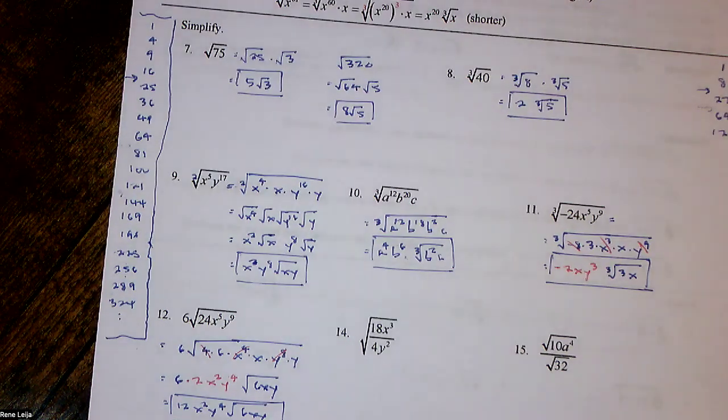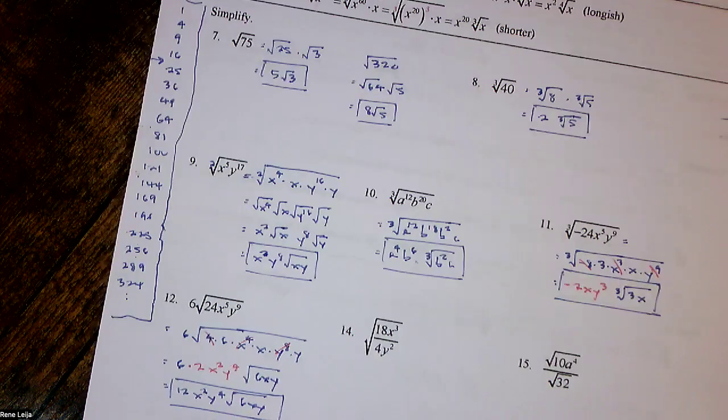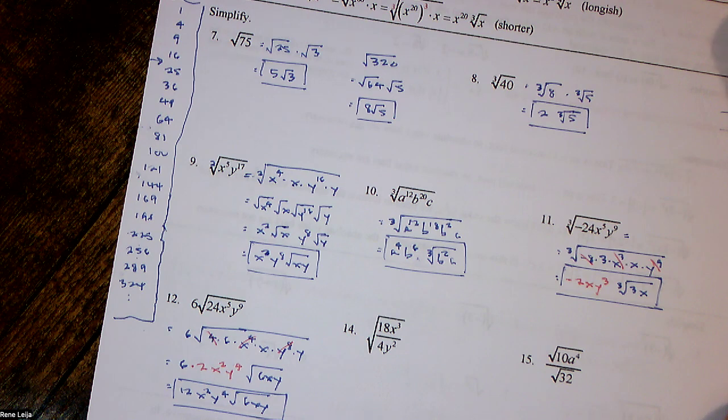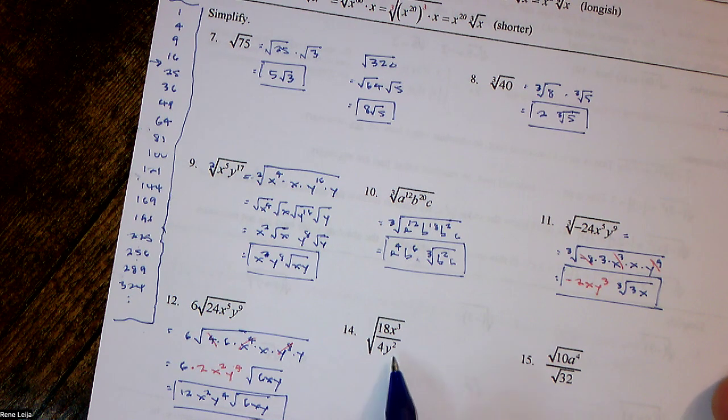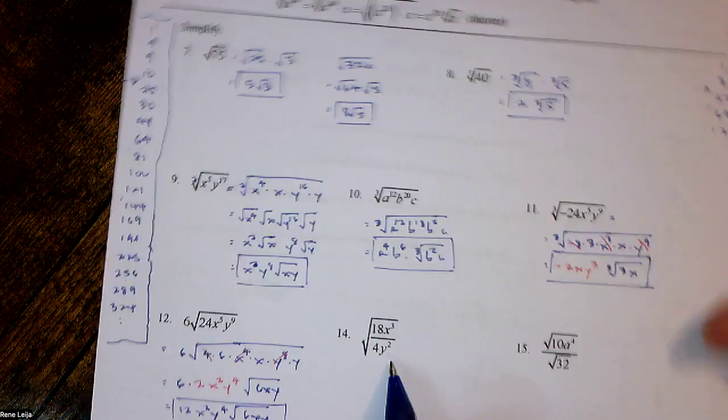Okay. Now number 14, we get into the radicals. And so for the radicals, these get kind of tricky because the way you simplify them just depends on what's going on. So here, I notice the denominator is a perfect square.